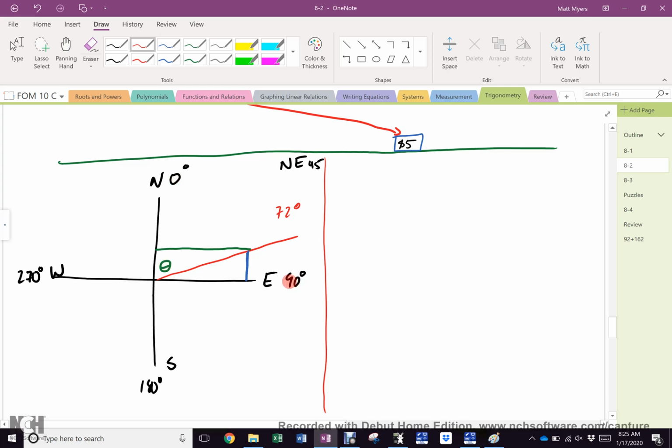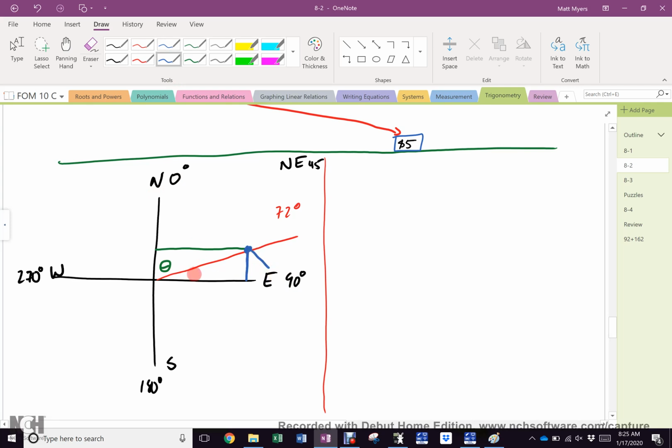East is 90. How big is the green one? Jacqueline? 72. Right? Because I started at 0 and I went to here. Yeah? Everybody cool?